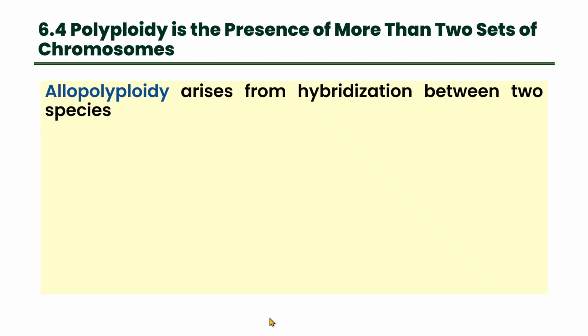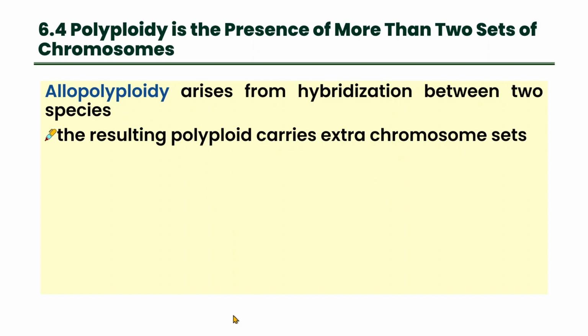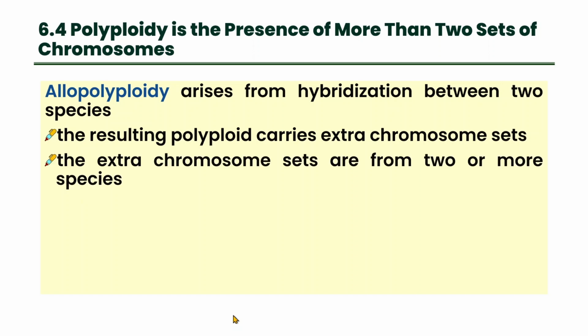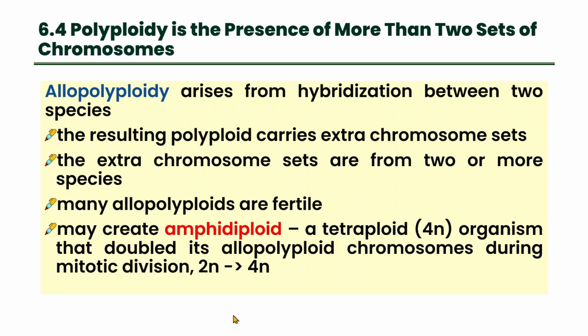Now that we've seen how extra chromosome sets can arise within a single species, let's look at what happens when 2 different species are involved. When 2 different species are involved, we call this allopolyploidy. Allopolyploidy results from hybridization between 2 species. The hybrid ends up carrying extra sets of chromosomes, but this time, those sets come from two or more different species.